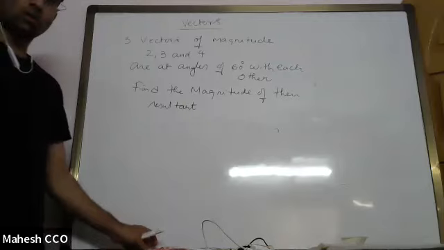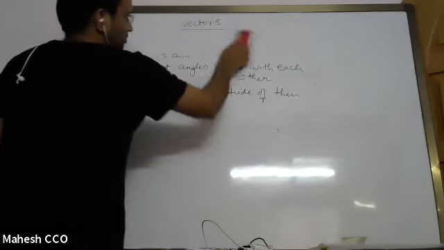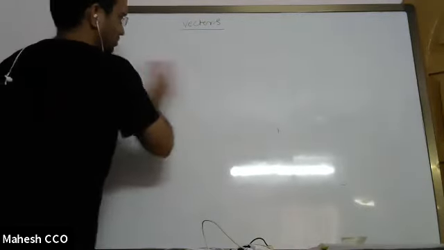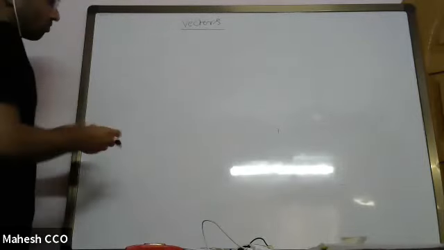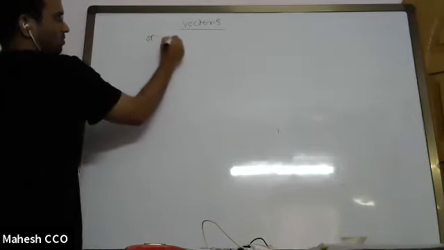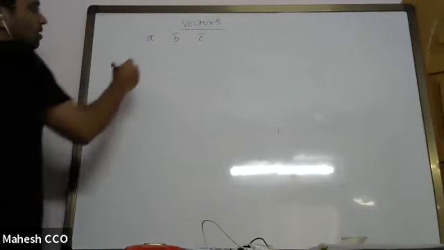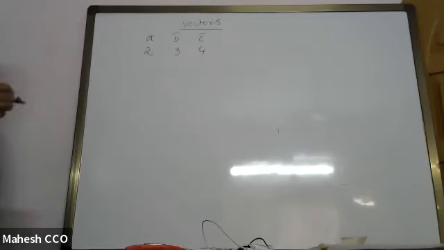So the question is easy only. Let A bar, B bar, C bar be the three vectors which have magnitudes 2, 3, and 4.